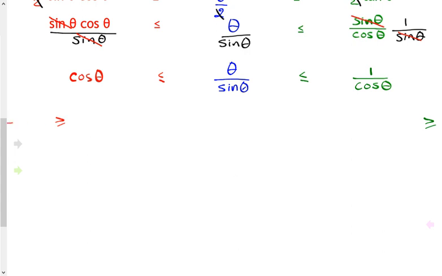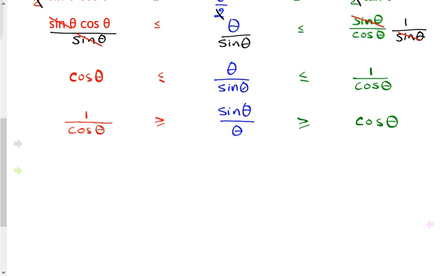I'll take the reciprocal of cos theta, and now it's greater than or equal to. The reciprocal here will be sine theta over theta. And on the right side, the reciprocal of 1 over cos theta is cos theta. So now in the middle I have what I was looking for, the sine theta over theta.